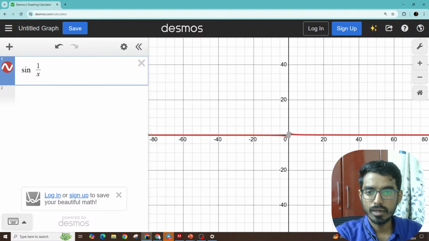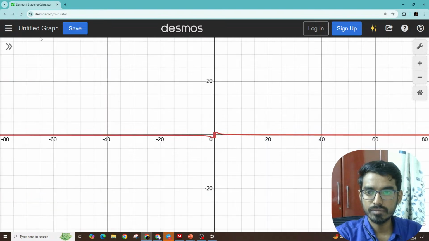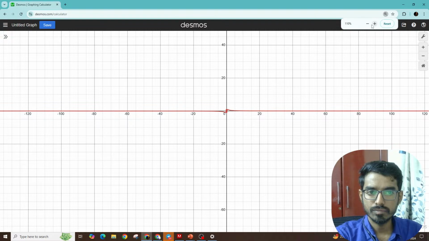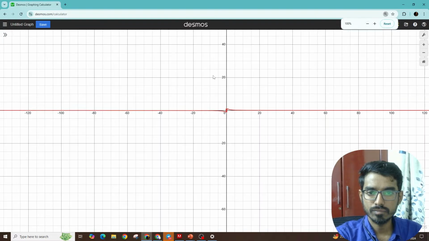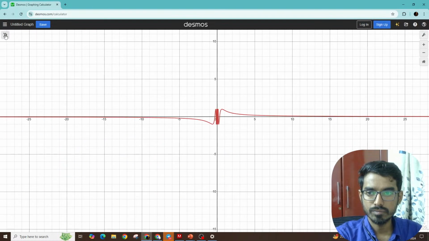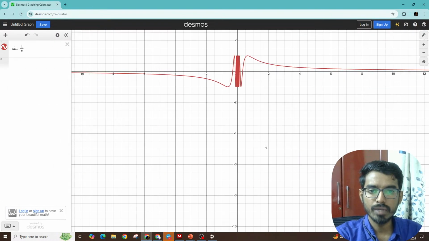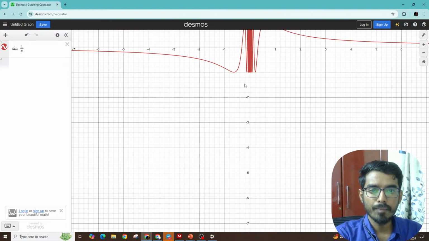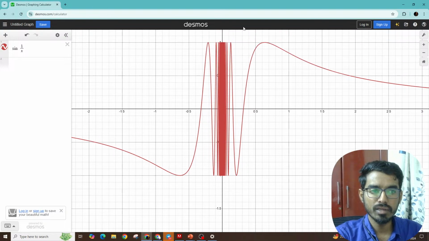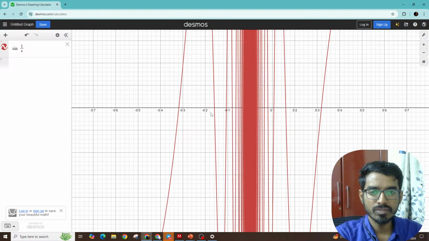You can see that, and sin 1 by x. I have drawn the graph of sin 1 by x. You can see what happens at 0. It looks like a thick band, but actually it oscillates between minus 1 and 1.